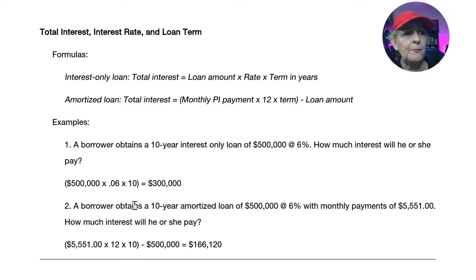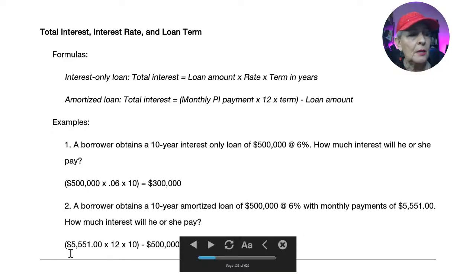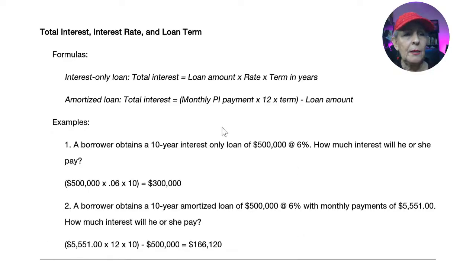Now, 2, a borrower obtains a 10-year amortized loan, 500,000 at 6%, with monthly payments of $5,551. How much interest will he or she pay? Okay, 5,551 times what? 12, right?